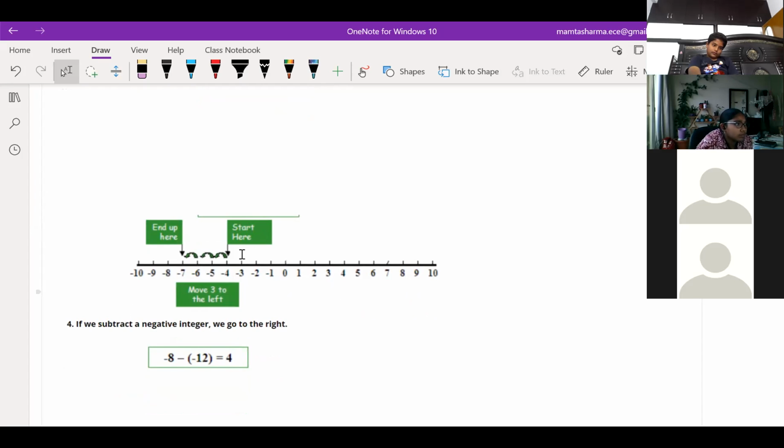Start from -4, move 3 steps in the left direction, and you will get your result, -7. Okay.